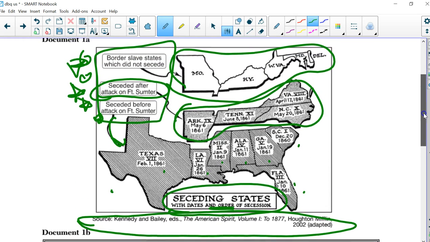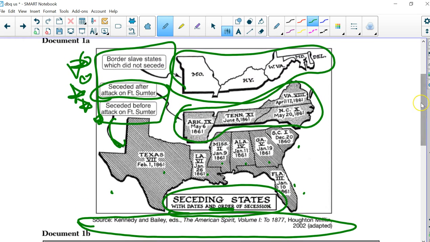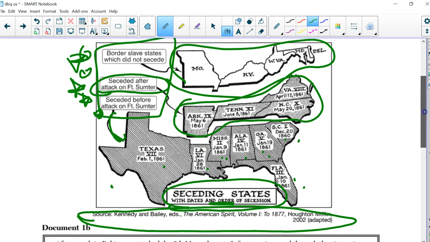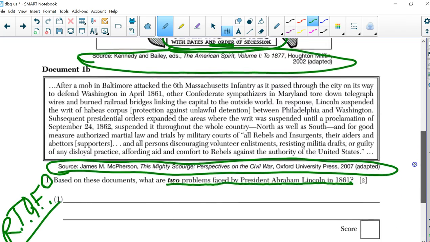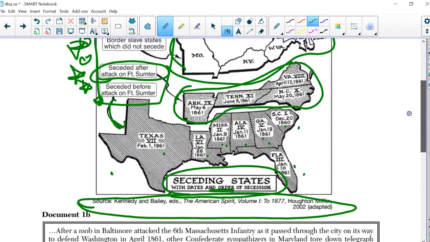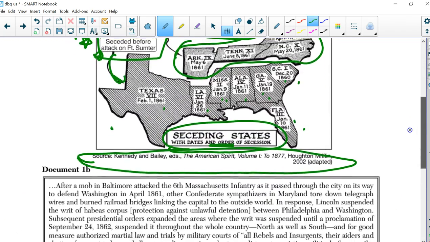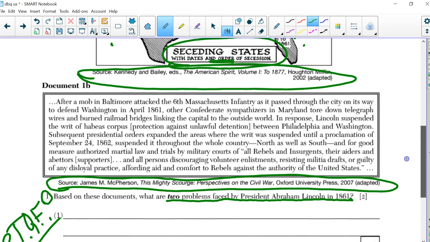So could we get an answer out of here? What are two problems that President Abraham Lincoln faced in 1861? Well, let's see, 1860, 1861. Well, one problem that you could write down before even going into this blurb of text down here was that states were seceding from the Union, okay?